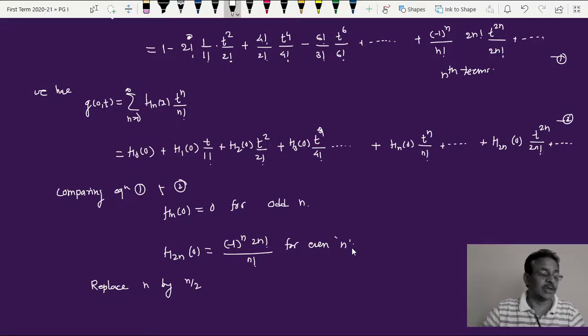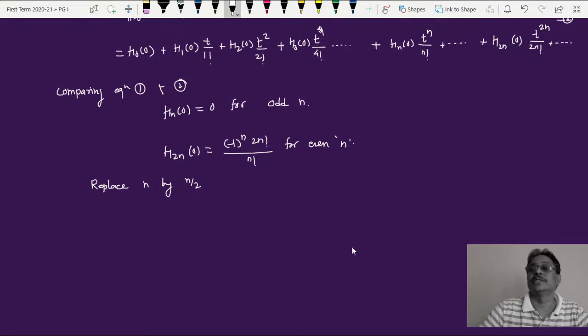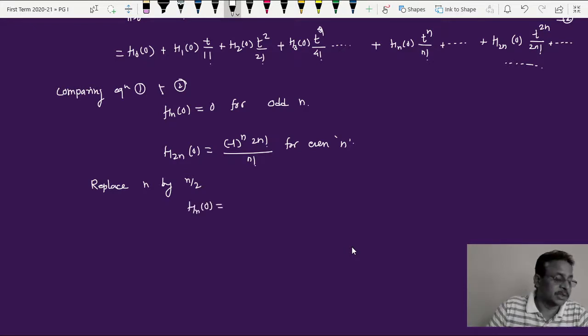I'll get hn of 0 is equal to, see this is h2n we have taken from here, from this equation, and written it like that. Therefore replacing n by 2, I'll get hn of 0 is equal to minus 1 raised to n by 2, then twice n factorial.